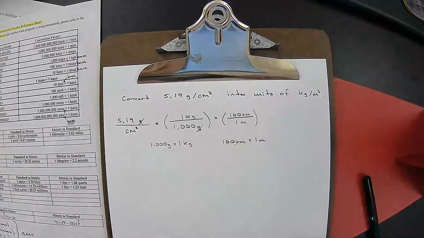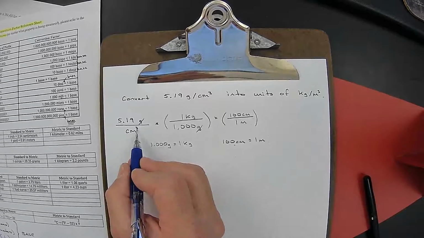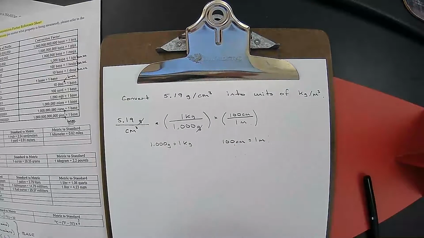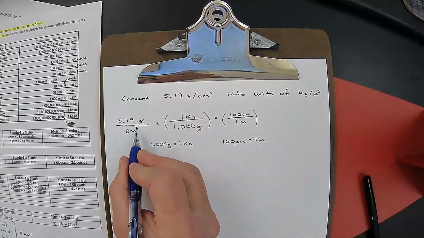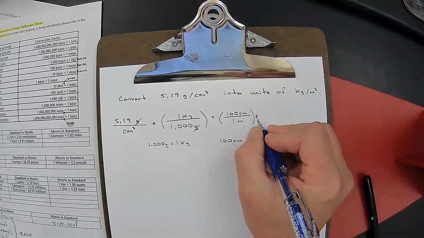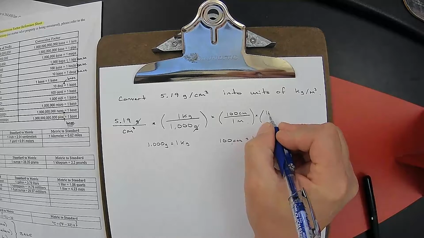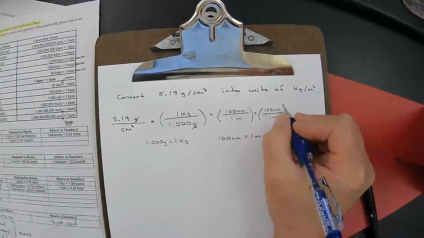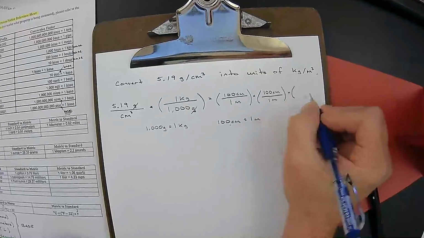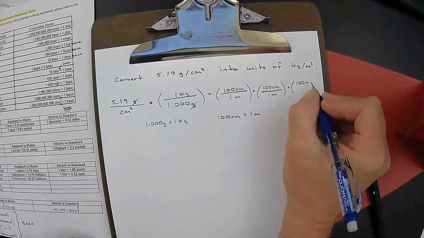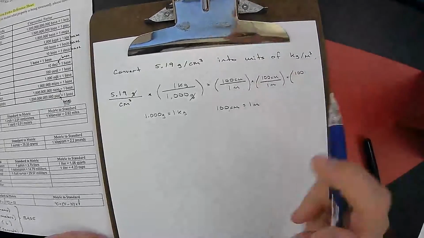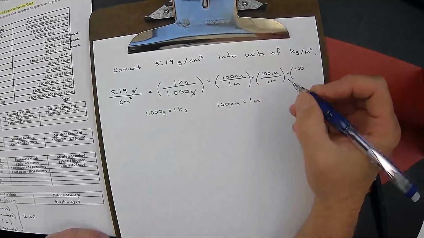But it's very important to note, this is centimeter cubed, not centimeter. The best way that I have found to deal with either a squared or a cube is just to write in the same conversion factor equal to the power of that unit.